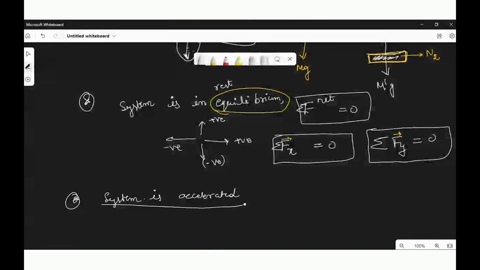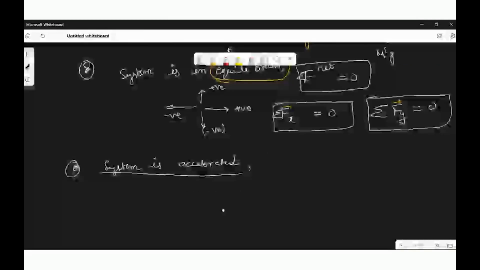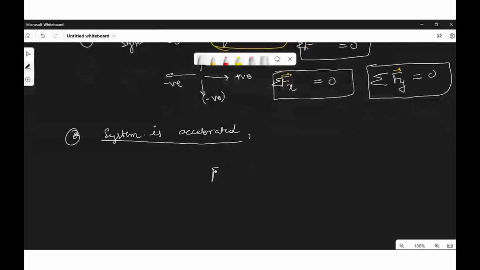If the system is accelerated, then you should write F net equals the mass of the system multiplied by its acceleration.